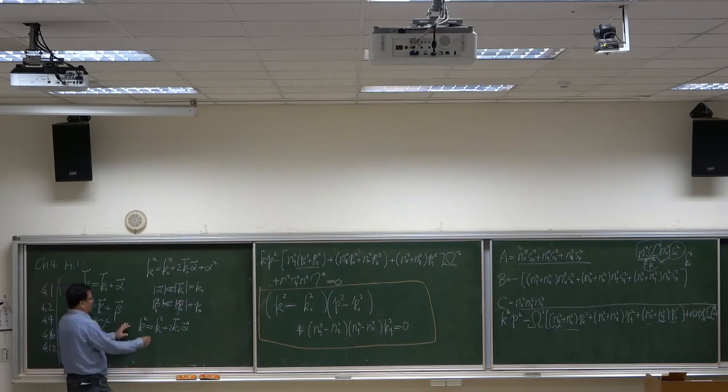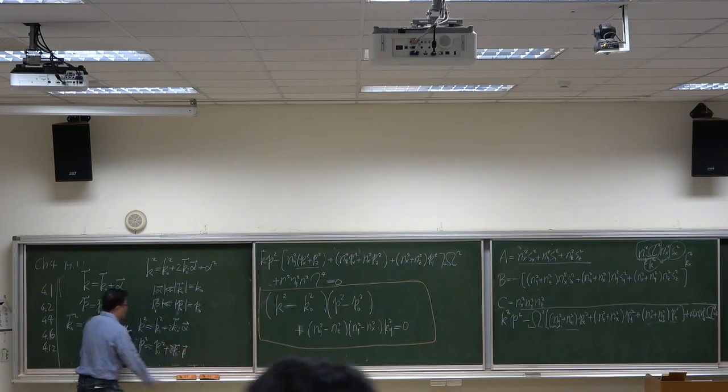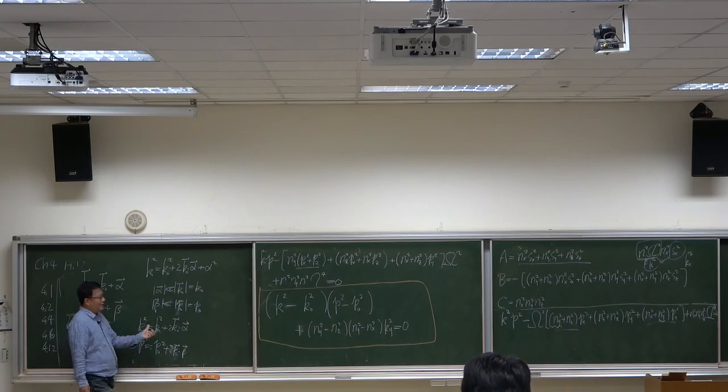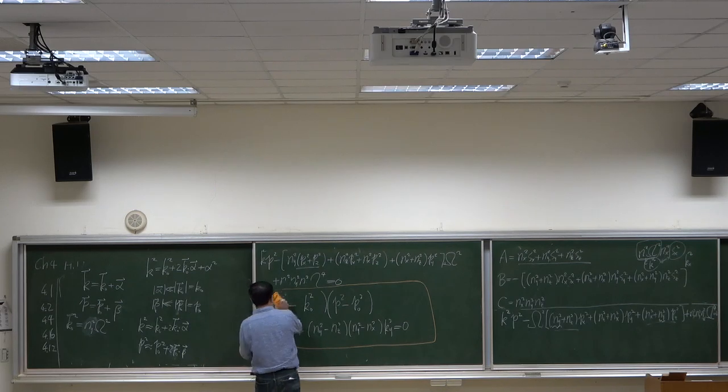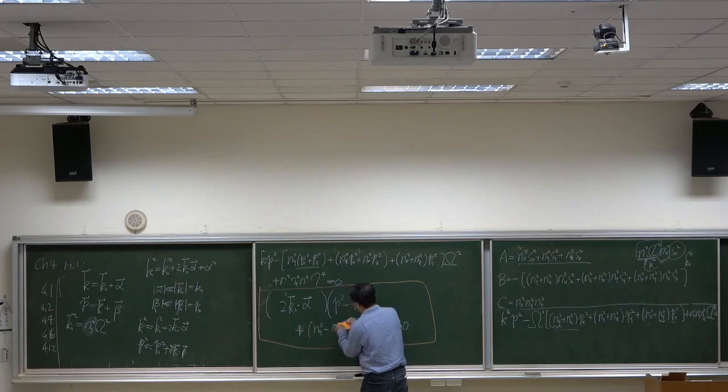And similarly, P squared can be approximated as P naught squared plus 2P naught dot beta. Okay. So this means that here I can substitute this part as 2K naught dot alpha, and we can substitute this part as 2P naught dot beta.